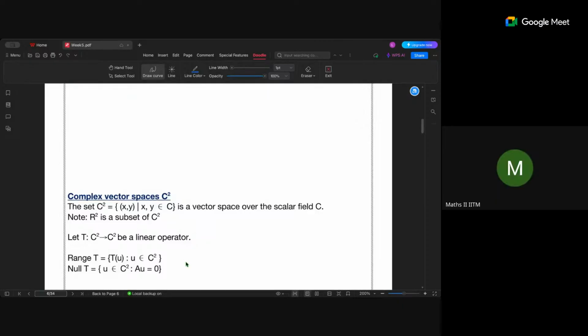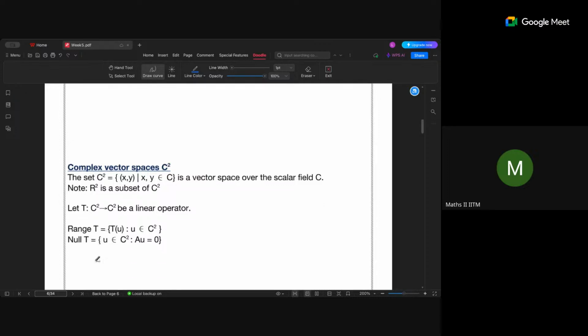So we are introducing complex vector spaces now. It is very similar to real vector spaces. Only change is that now the entries can be complex numbers. So instead of R, everything is now replaced with C. So C2 is the set of all x comma y such that x comma y is in C. And this is a vector space over the scalar field C. It means all the scalars will be from C. Clearly R2 is a subset of C2.